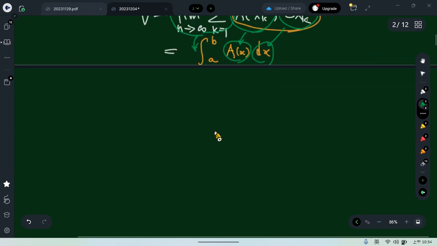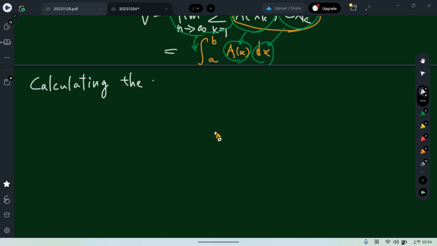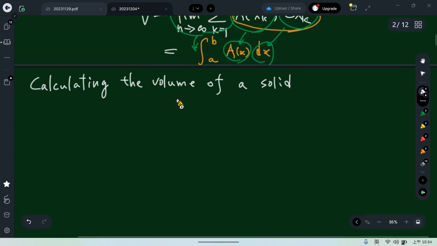So how can we do that? Calculating the volume of a solid. The solid is, as I just mentioned, a 3D object. So how can we calculate the volume of a solid?